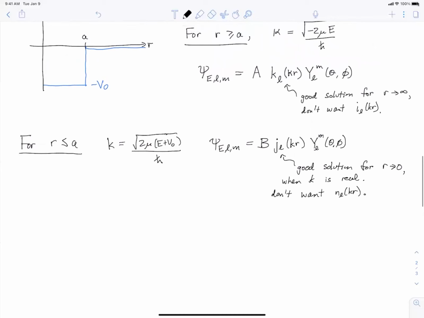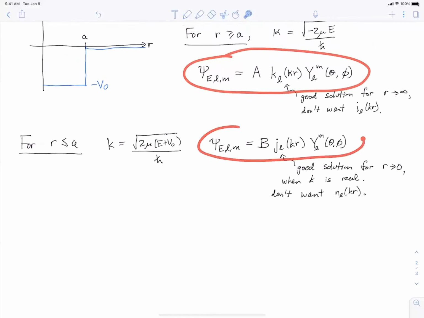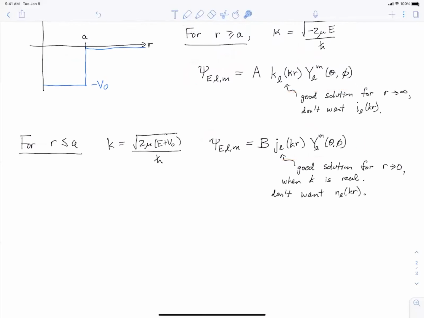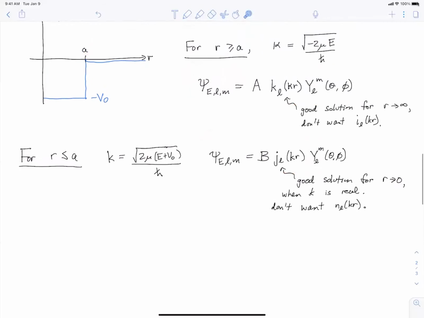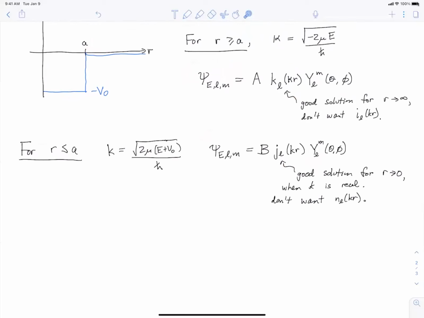Okay, and so now we've got these two expressions in different regions. And the idea is to match them up at the boundary, which is the point r equals a. Now one thing we can do before doing that is note that there's a relationship between K and kappa.